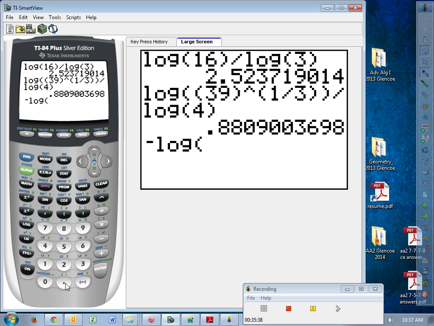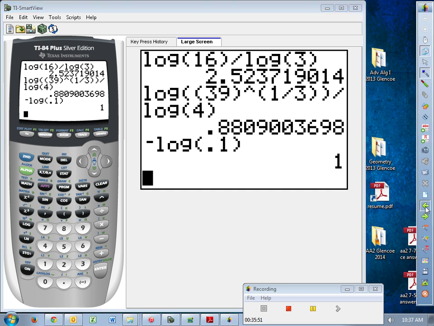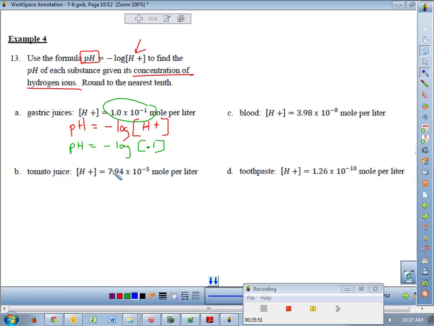Negative log of 0.1. Boy, why would this come out so nice? Well, let's just see. It's negative log base 10 of 1/10.